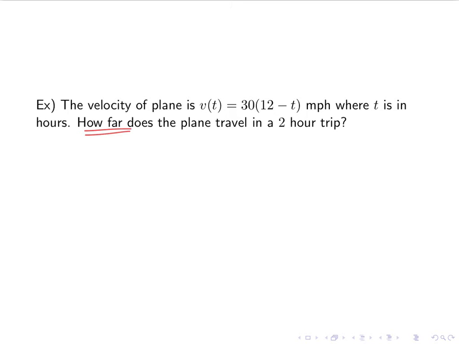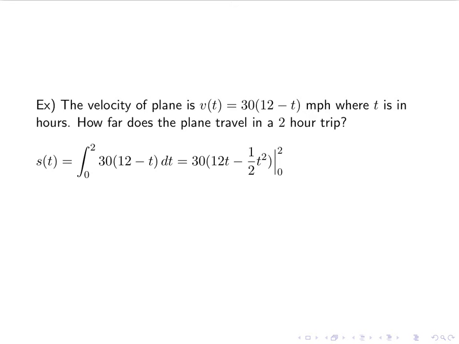So the definite integral is going to have the bounds of a 2-hour trip, which is starting at 0 and ending at 2. So I have the integral from 0 to 2 of 30 times 12 minus t dt. Notice I wasn't given a point, so I can't find c, which is another hint that it's a definite integral, because a definite integral doesn't include the constant.